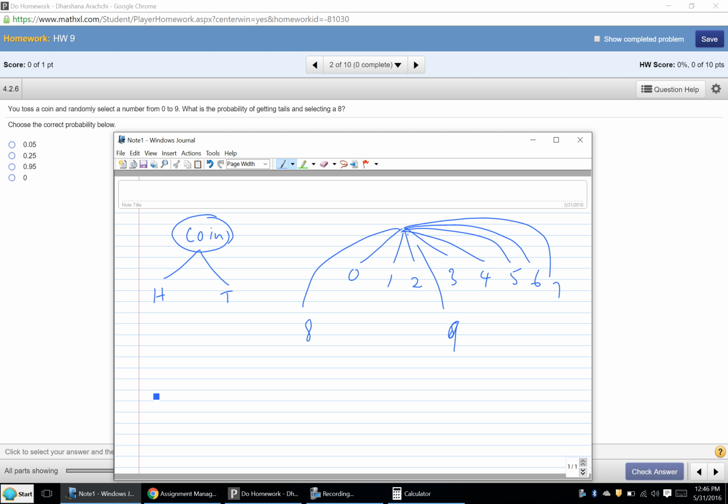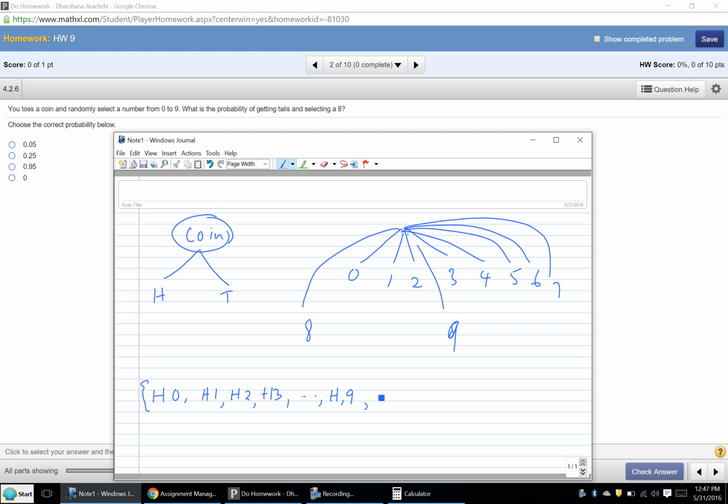There's a possibility of getting a head and selecting a number 0. That's one possibility. Or head with 1 is another possibility, head with 2 is another possibility, head with 3 and so on, and head with 9.